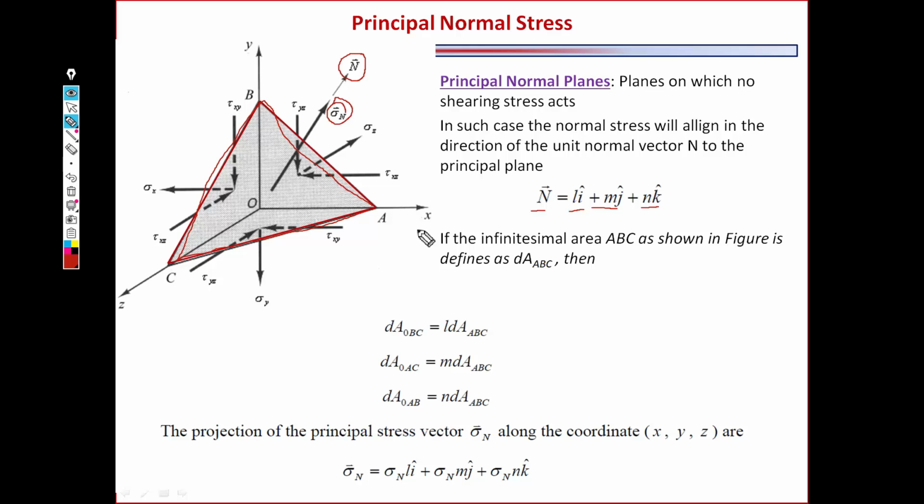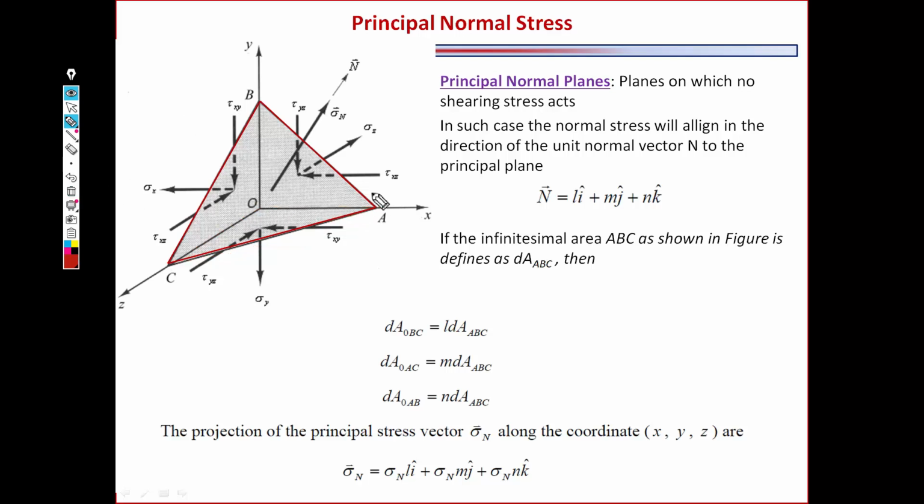Again, what we have done in the last sections regarding calculating the equations of equilibrium, we will do the same thing. First of all, we will find a relationship between the triangle ABC and the different triangles we have. First, the relationship between the triangle ABC and the triangle OCA.